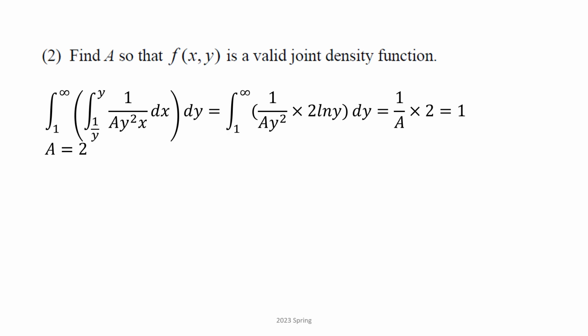Inside is a definite integral of x from 1/y to y of 1/(a·y²)·x dx, which equals 1/(a·y²) times 2 log y, and we do another integral from 1 to infinity, and this equals 1/a times 2.